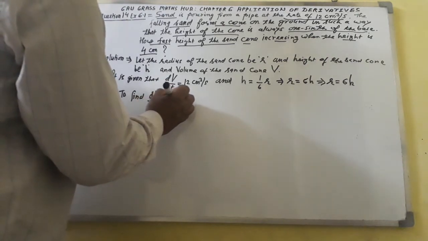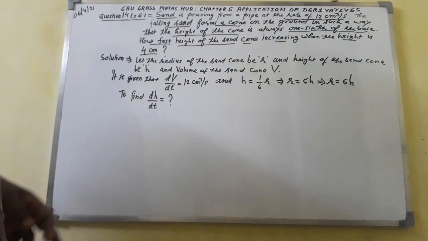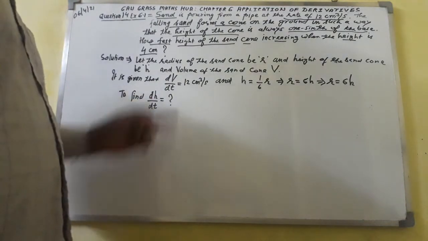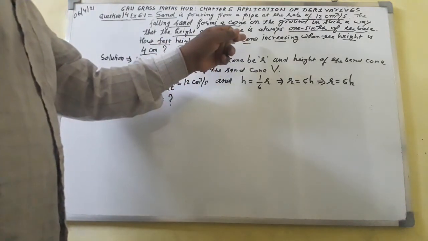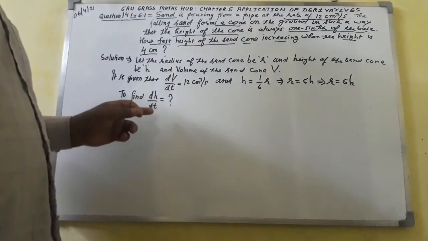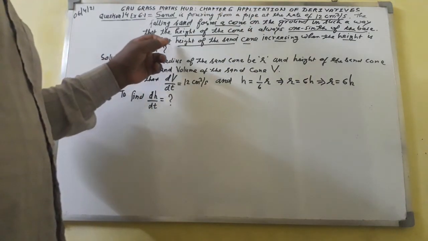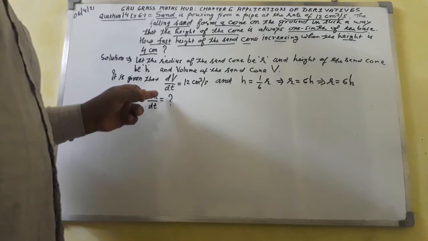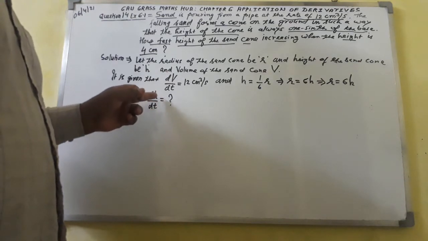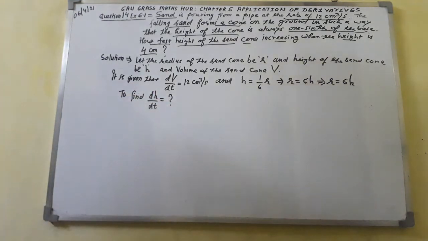This thing we have to find out, because the height is increasing with respect to time. dh over dt we have to find out.